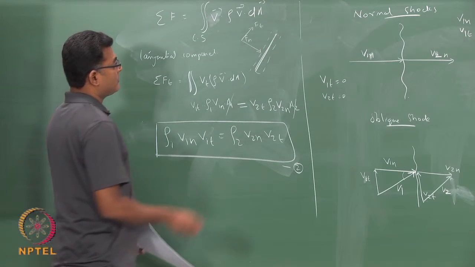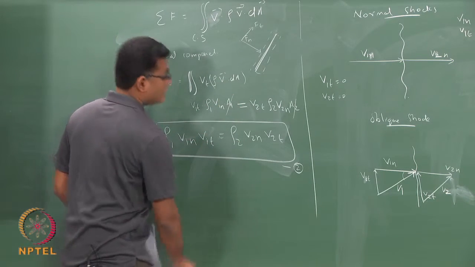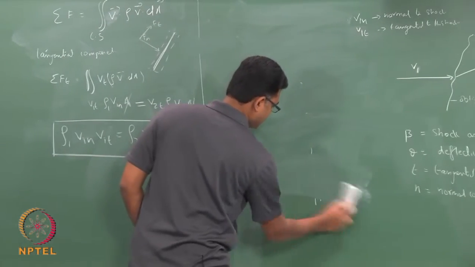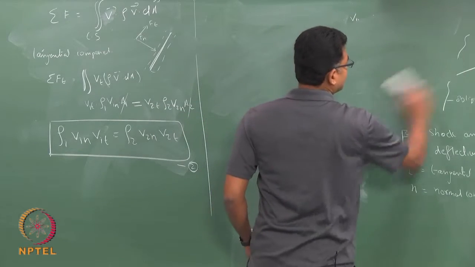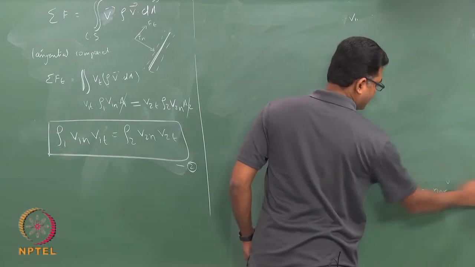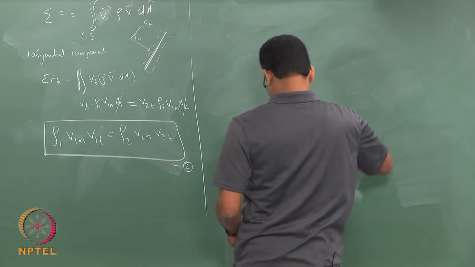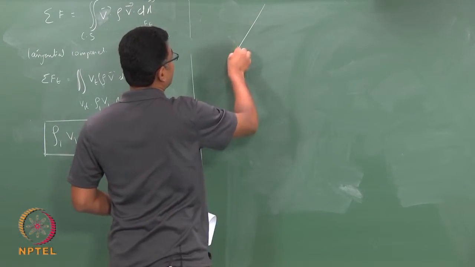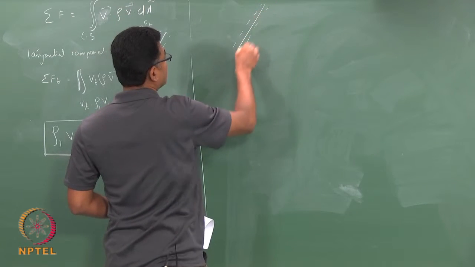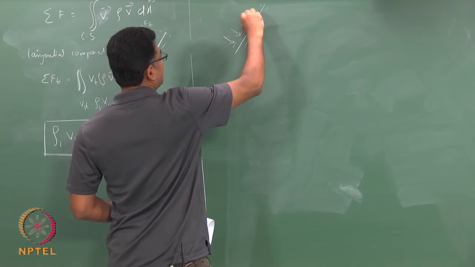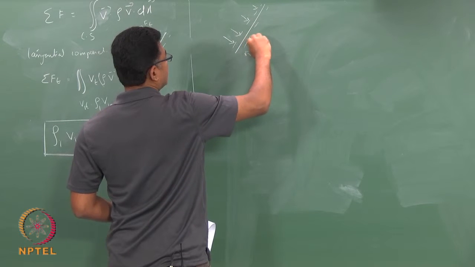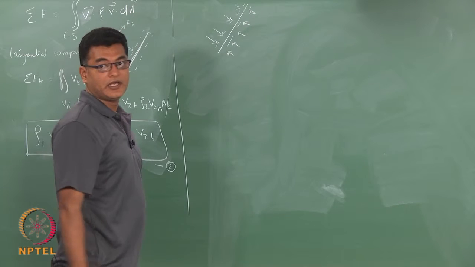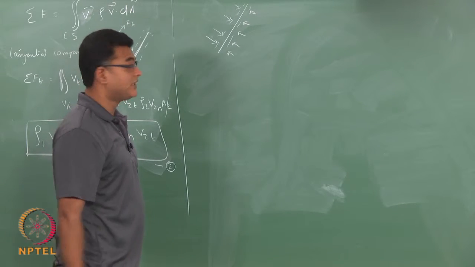Now, for the normal component, sigma F normal is going to have the static pressure involved. So, if this is my shock, there is pressure acting on the control volume. So, the force is pressure into area, where we have assumed area to be the same.